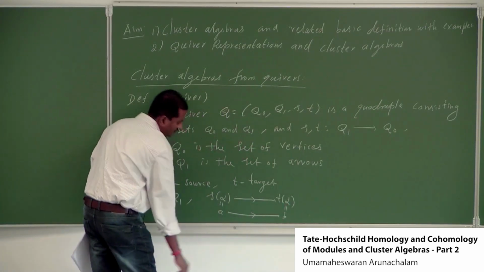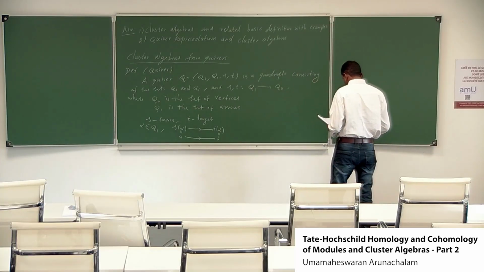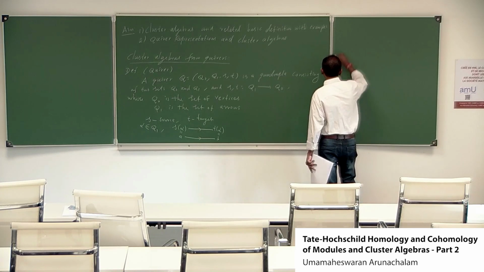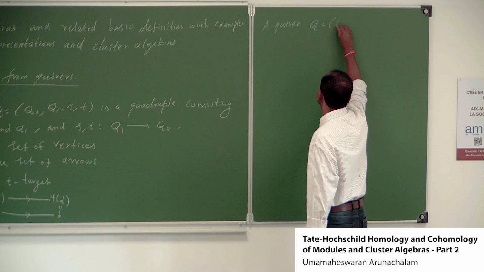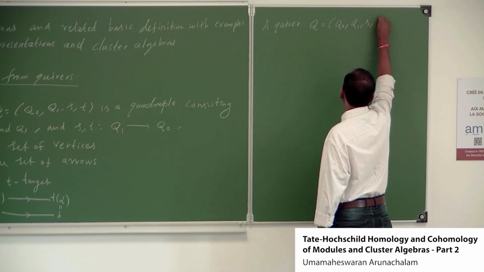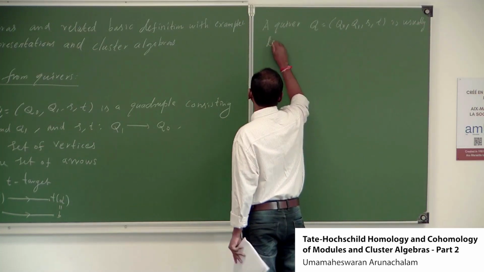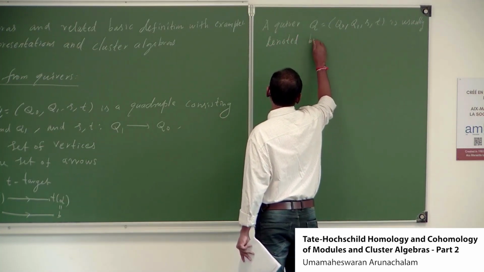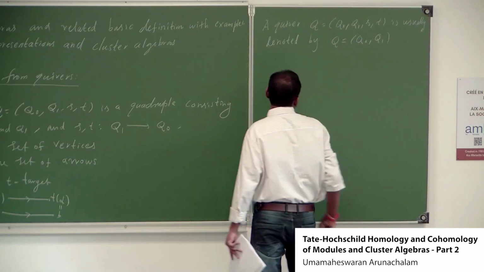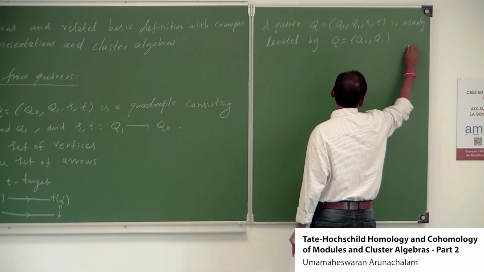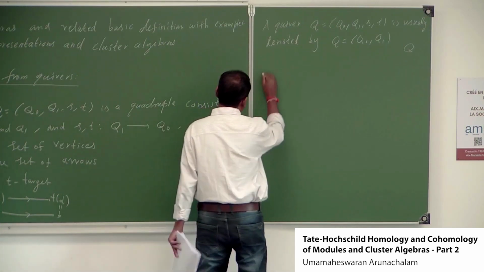Your quiver is usually denoted by Q = (Q0, Q1, s, t), or more simply only Q.